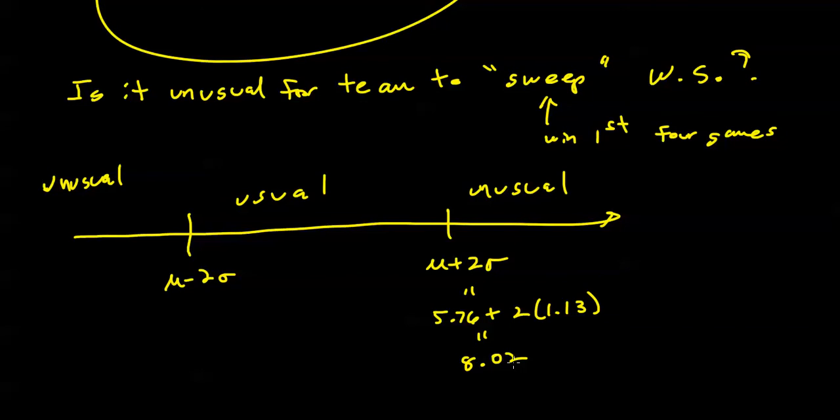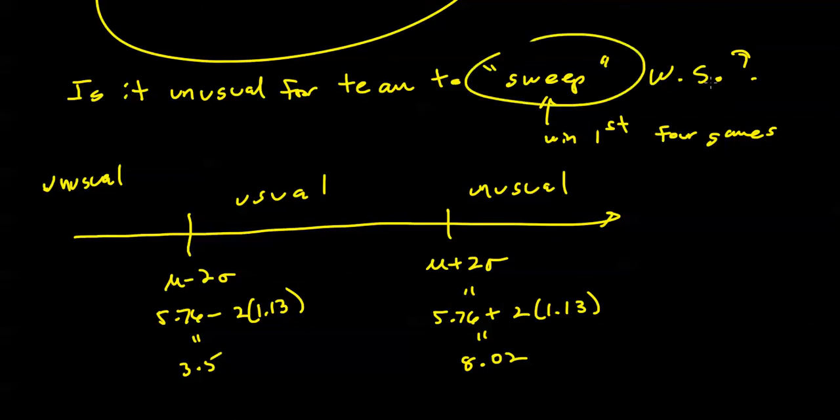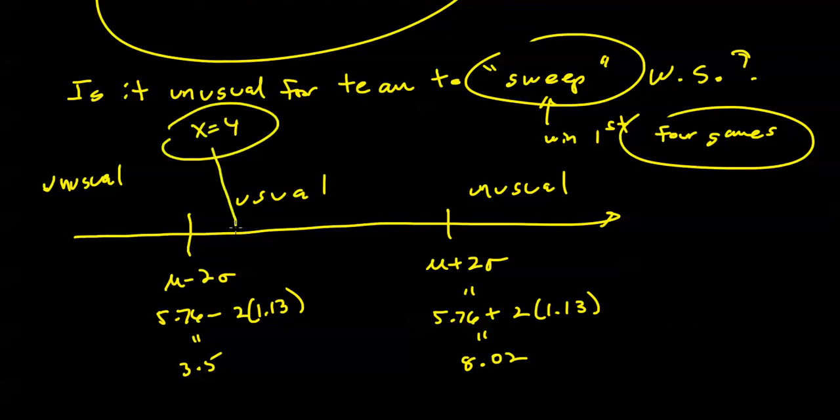Mu minus 2 sigma is going to be 5.76 minus 2 times 1.13, and that grinds out as 3.5. So according to these criteria, if you've got a sweep, that means the World Series lasted 4 games, and if x equals 4, that clearly is not unusual. Okay?